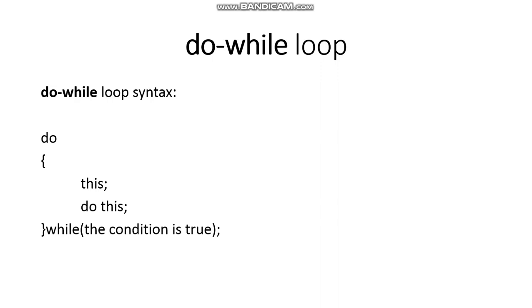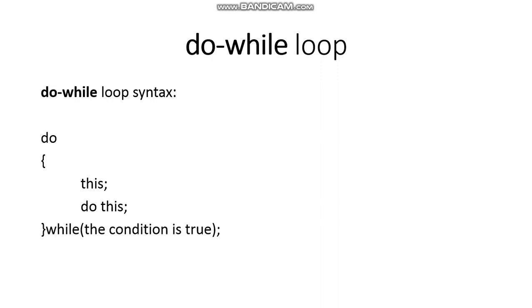See, the do while loop is the least used loop, but we need to know about it. This is different from the while loop. How? We'll talk about it. Its syntax is very simple. First of all, we write do and then we start curly braces, and under these curly braces we write the statements that we need to execute.